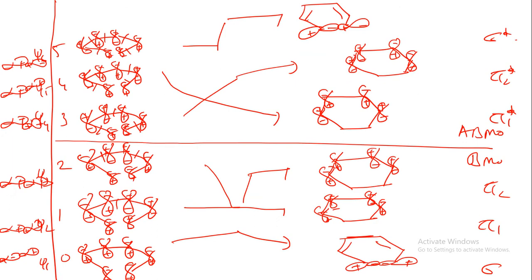Here we can say that the BMO electron will remain at the BMO and the ABMO electron will remain at the ABMO. Let me quickly revise this.